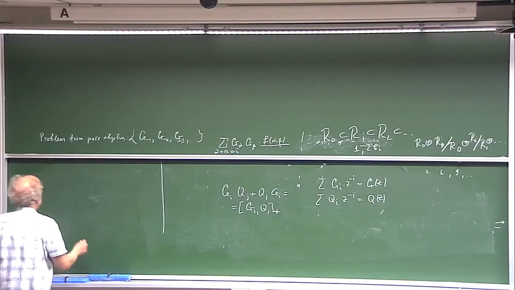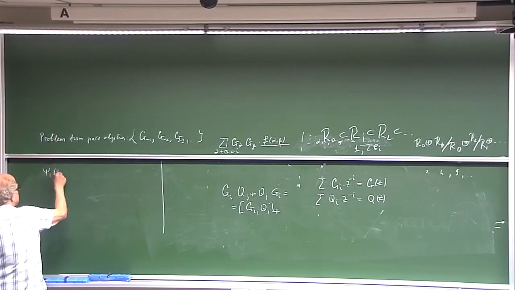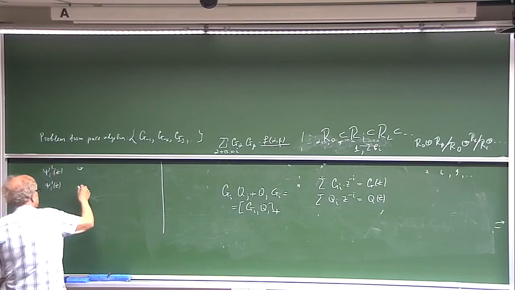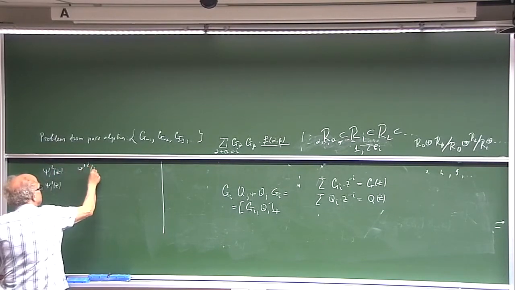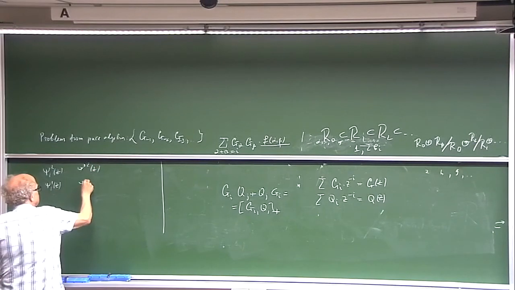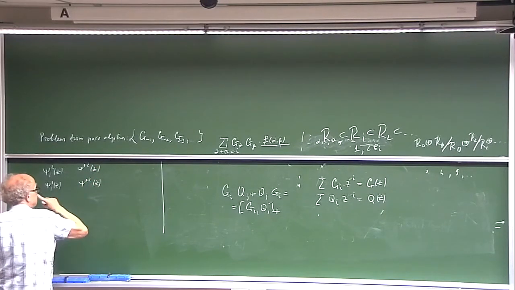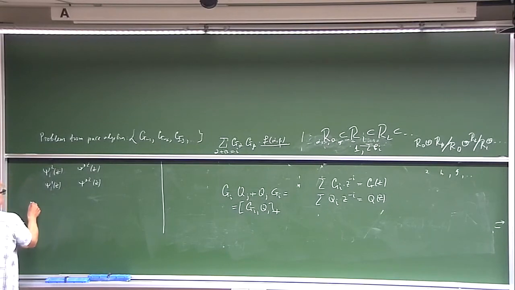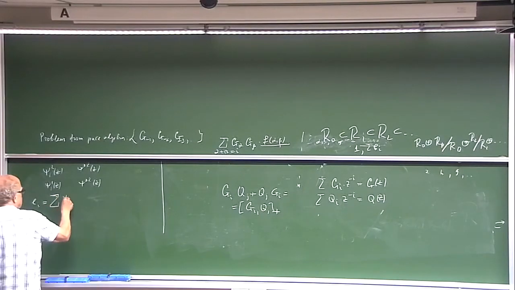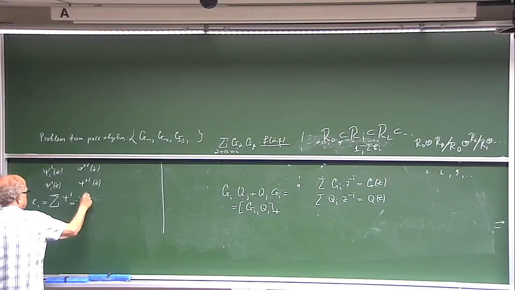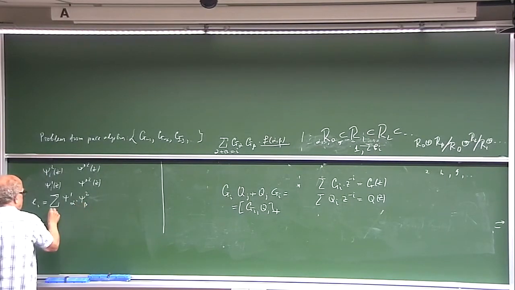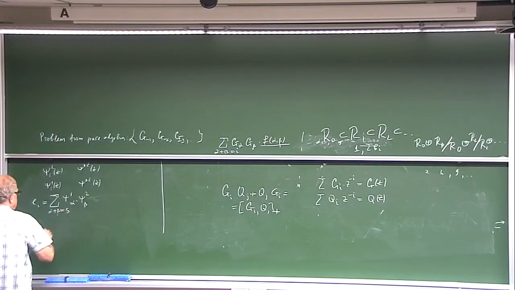Let me take psi1(z) and psi2(z), two of them for simplicity. Let me write Ei as the sum of psi1 alpha times psi2 beta, where alpha plus beta equals i.